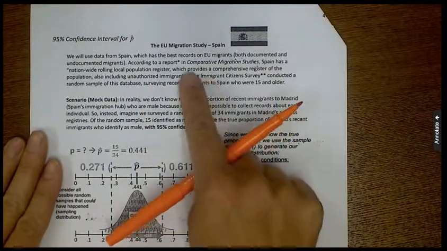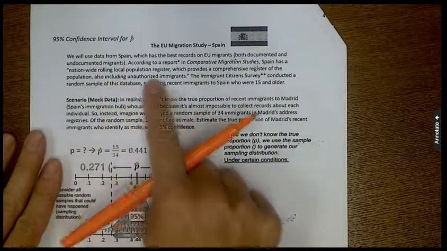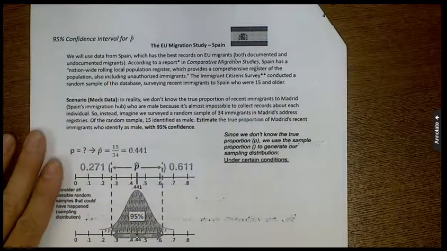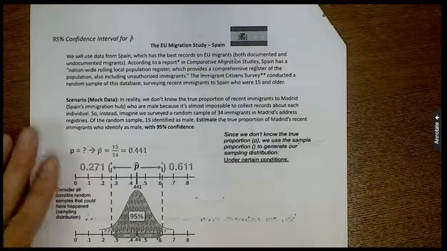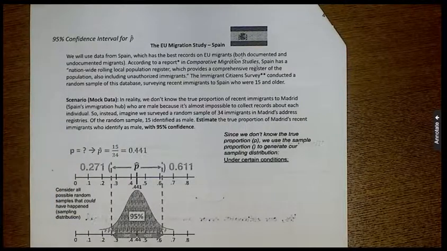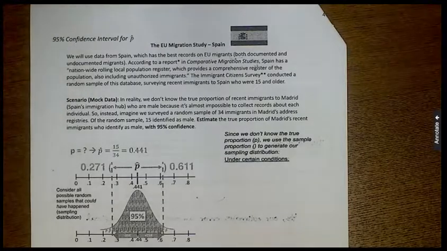According to a report in Comparative Migration Studies, Spain has a nationwide rolling local population register, which provides a comprehensive register of the population, also including unauthorized immigrants. The Immigrant Citizens Survey conducted a random sample of this data, surveying recent immigrants to Spain who were 15 and older. We're actually going to use some real data at the end.